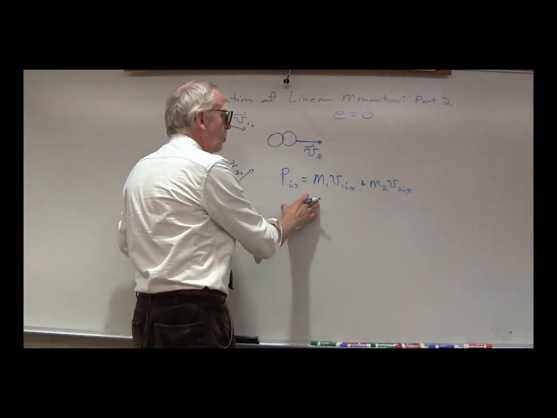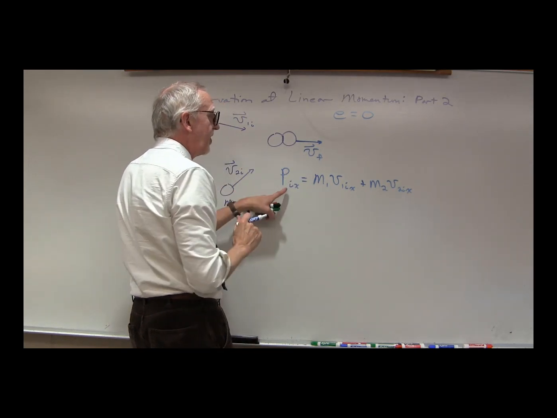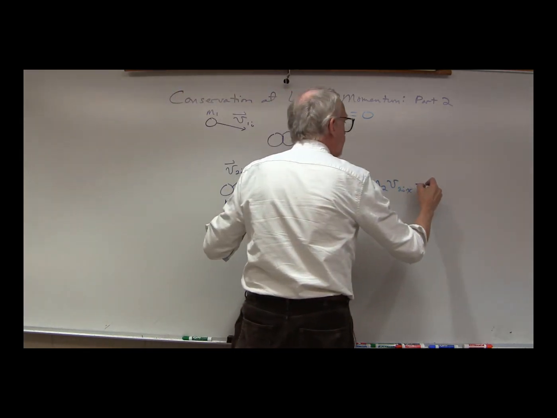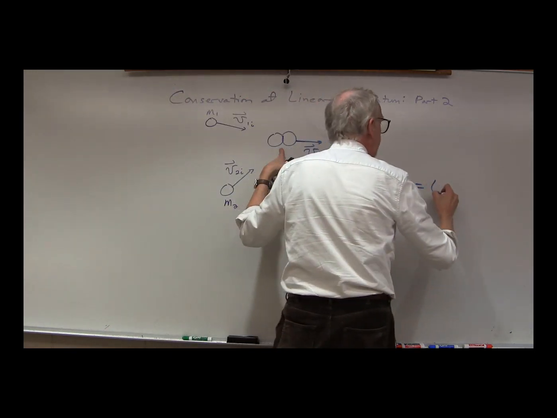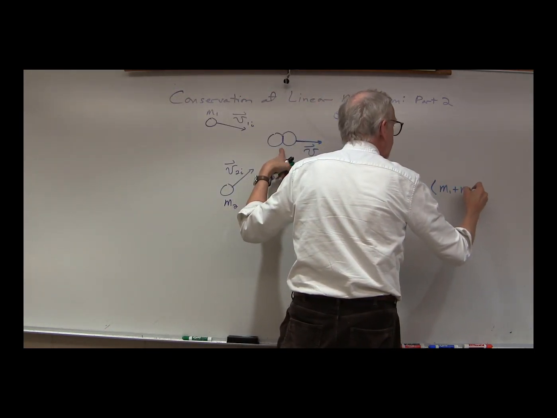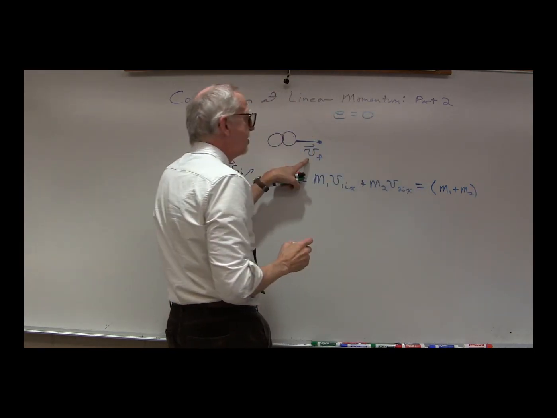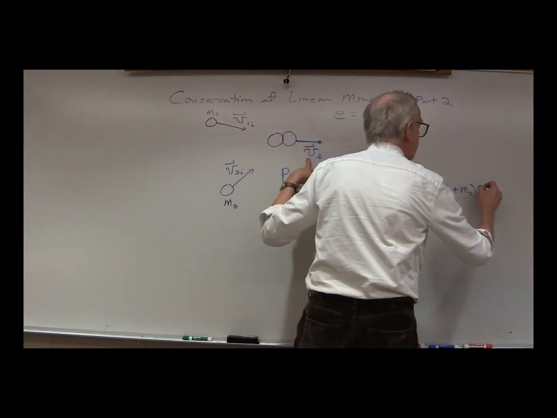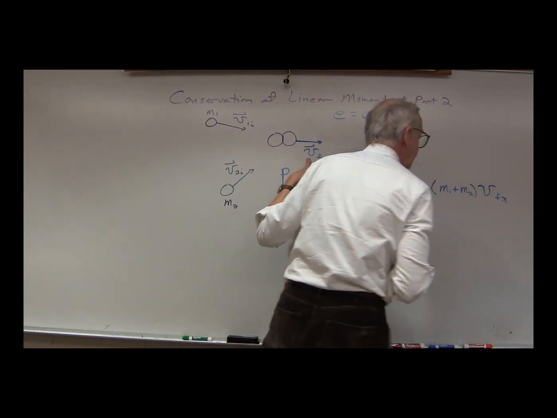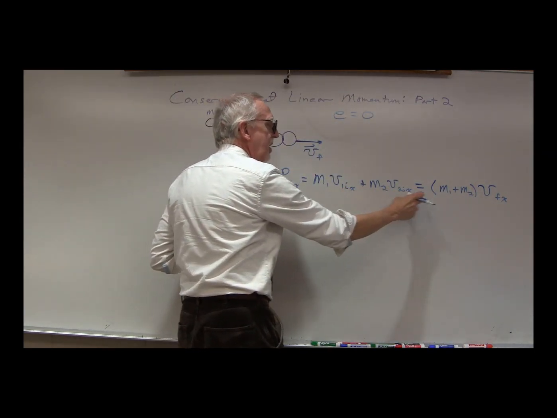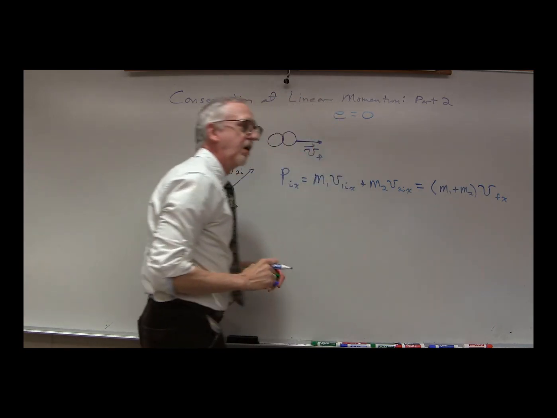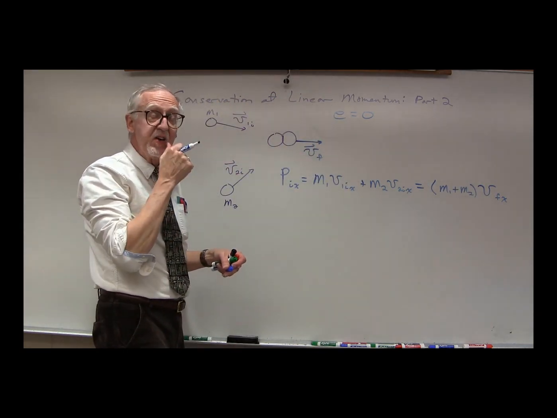And what must this equal? This must equal our final momentum, which will be the mass, but the masses are stuck together, so this is going to be m1 plus m2 times v final x. So if we know the masses, we can solve for the final velocity, the x component.